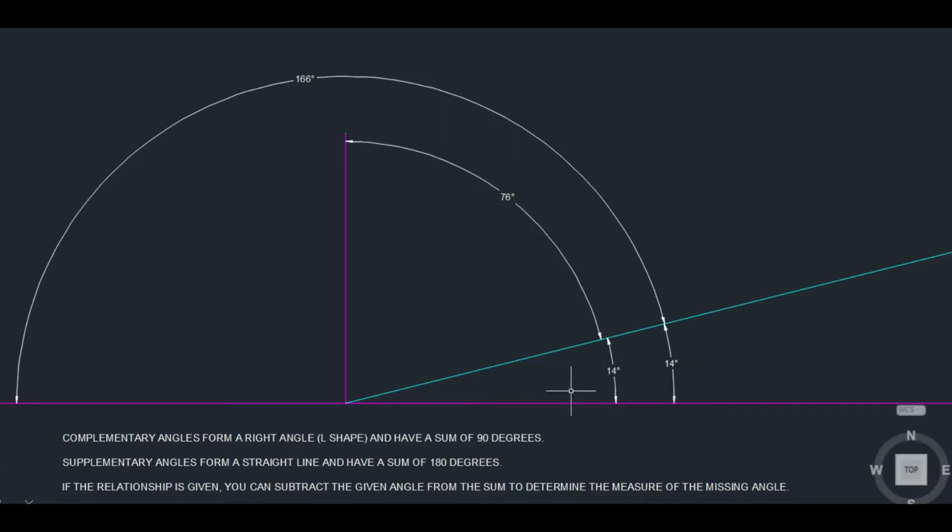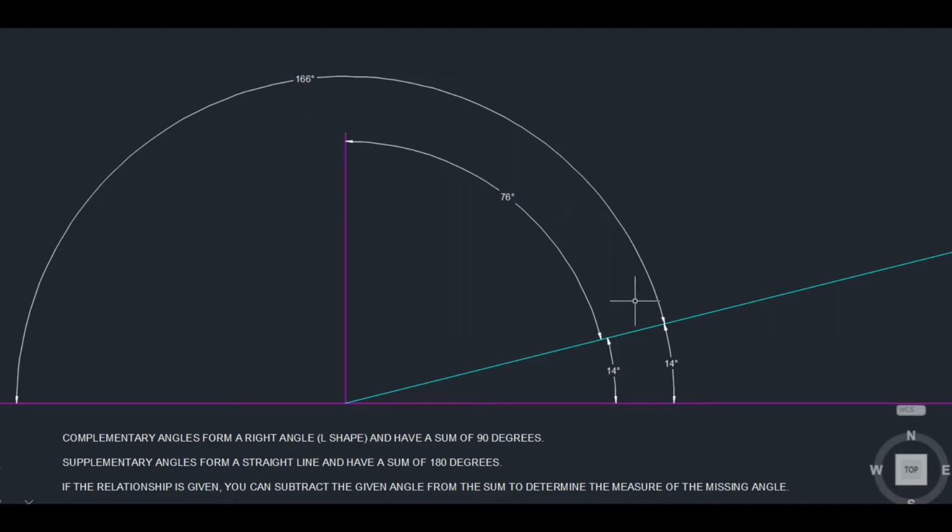Now say you had a supplementary angle, one that creates a straight line. If you're angled in this direction, then you need to have it made up with a straight line, or a 180-degree curve. You take that 180 and subtract 14 degrees, and you end up with 166 degrees.